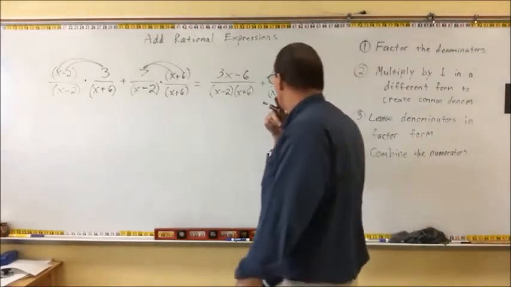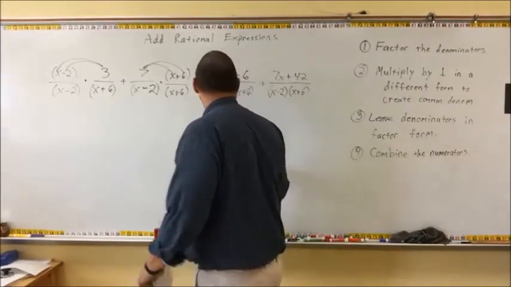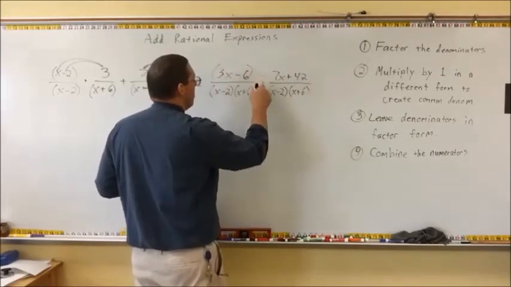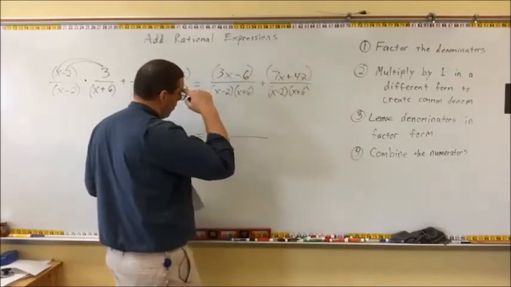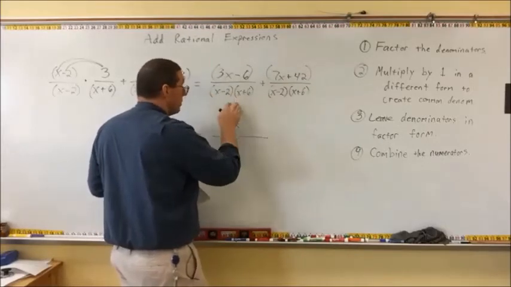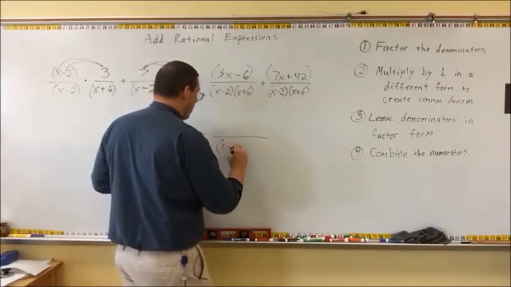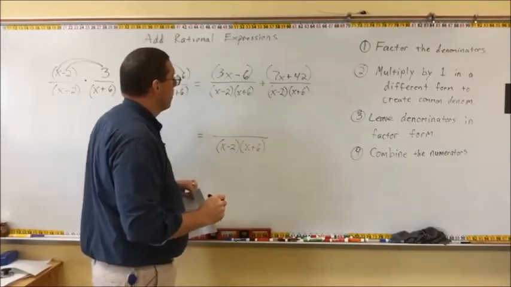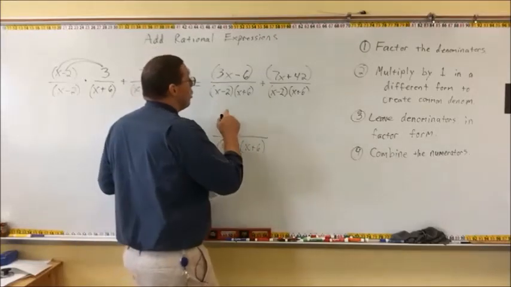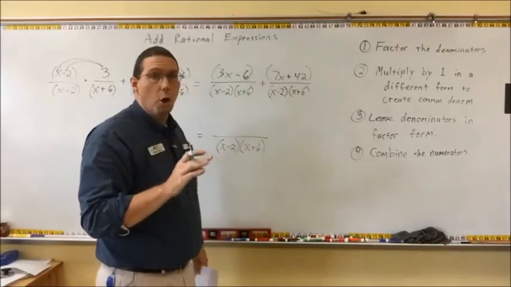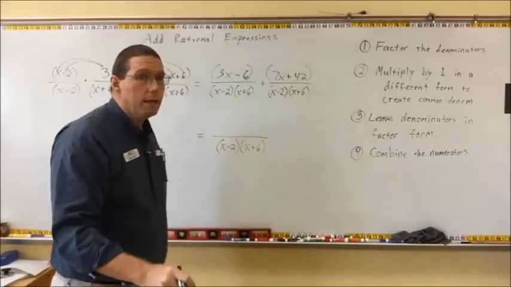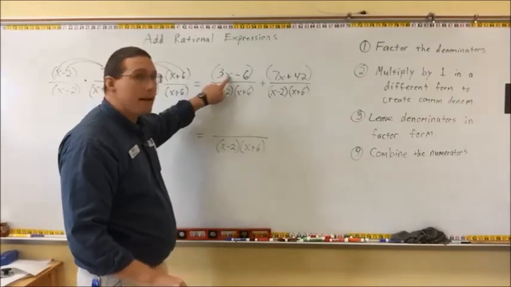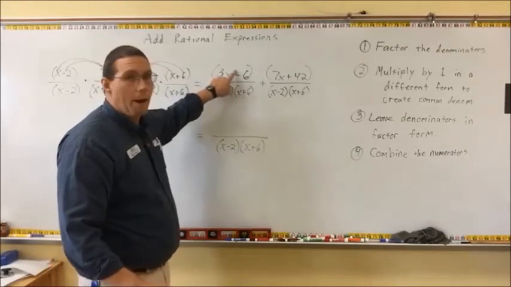And so now, what this is going to be equal to is the denominator. So we're adding this plus this. All right? The denominator, which is the common denominator, just comes down as x minus 2 times x plus 6. Okay? The numerator, you remember, you can only combine like terms. That means terms that have the same letters to the same powers.